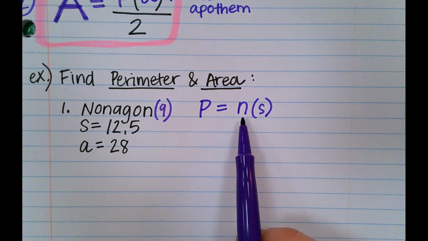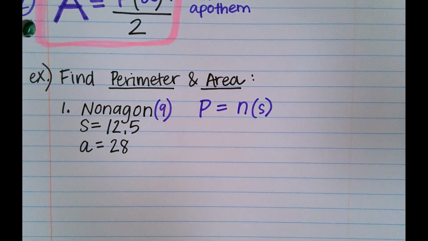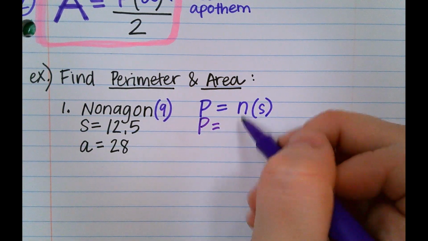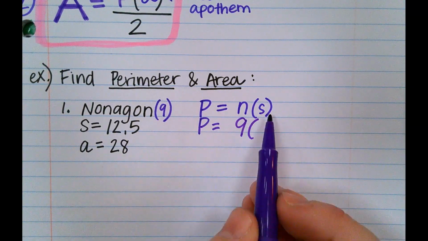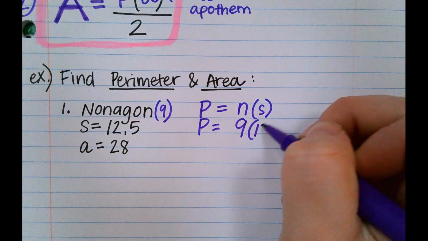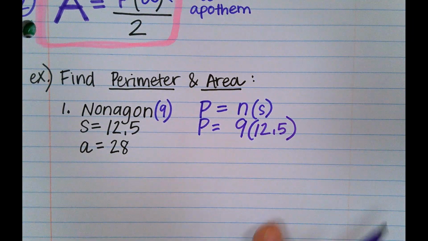So, what am I plugging in for my perimeter formula? 9 times 12.5. Yes, N is 9. S, the side length, I already gave it to you. S is 12.5. So now I have 9 times 12.5.